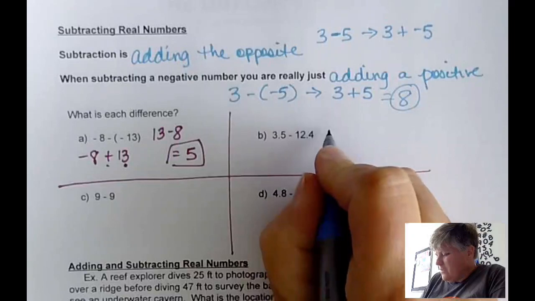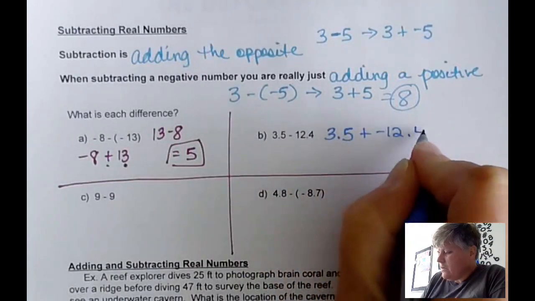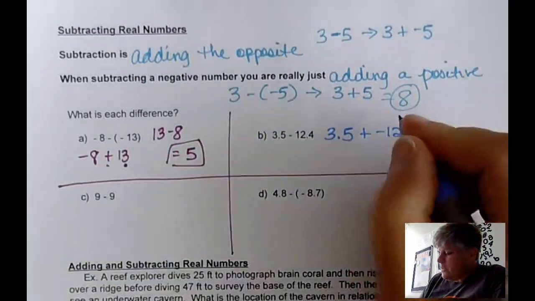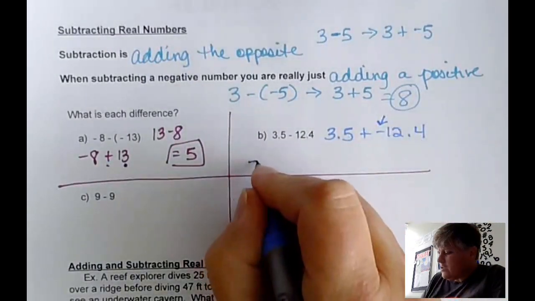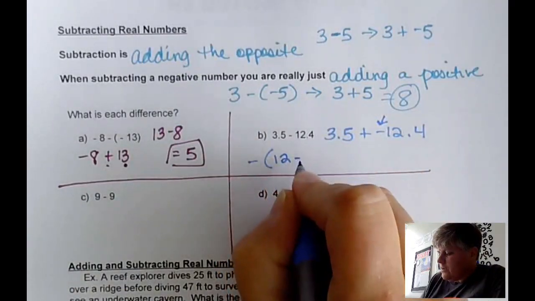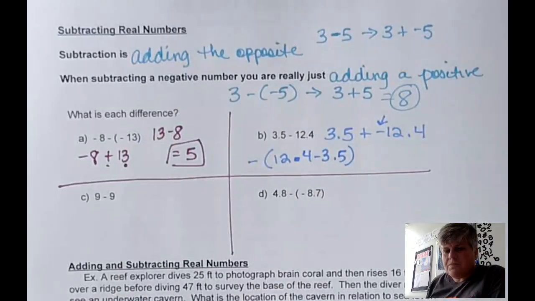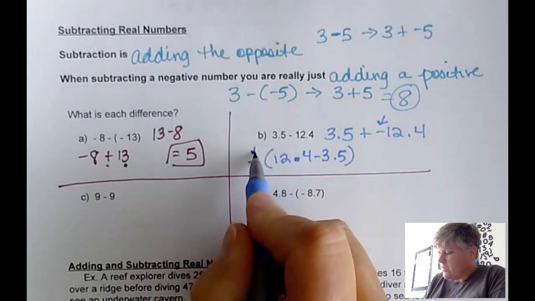3.5 minus 12.4 is the same as saying 3.5 plus a negative 12.4. The 12.4 is negative, so my answer is going to be negative. And the signs are different, so I'm going to find the difference and then take that sign at the end.